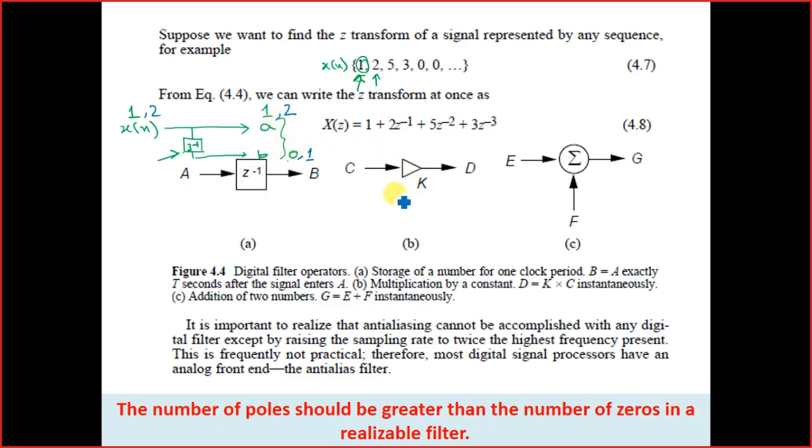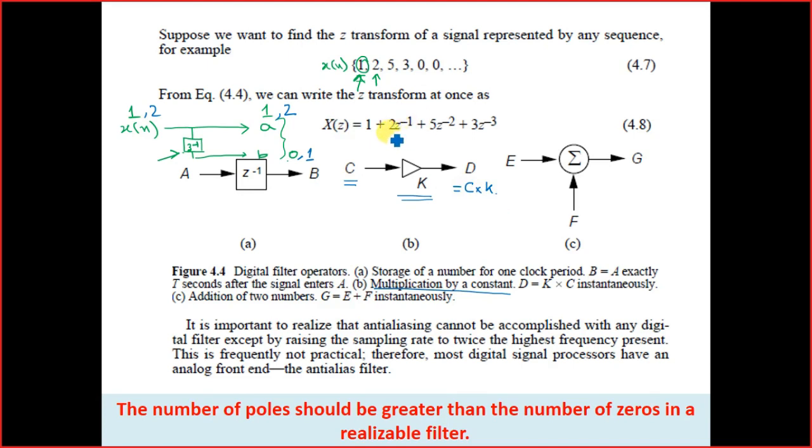Next, the second operator is the multiplication operator. Over here we multiply with a constant. We give a signal component, it gets multiplied with k, and we get d, where d is given by c multiplied by k. Now why is it needed?